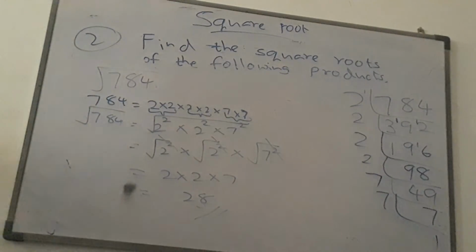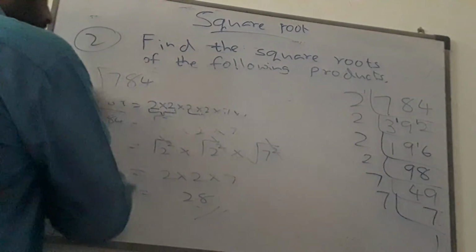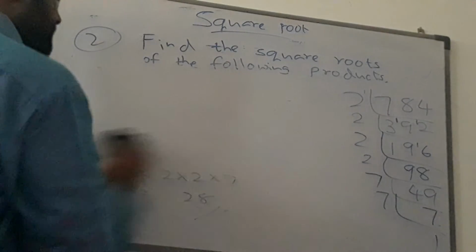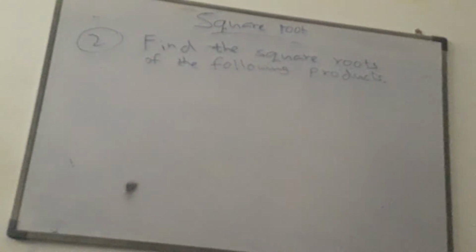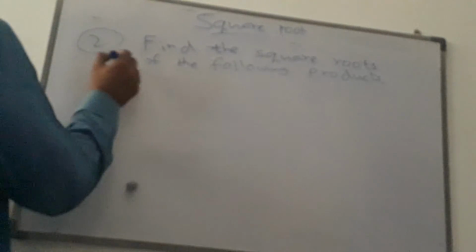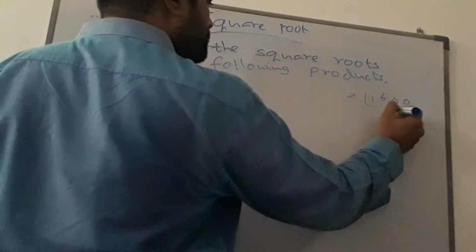Okay, next question. Next question is to find the square root of 1600. Okay, 1600 is an even number, so we can divide by 2. How many 2's are there in 16? 2 times 8.